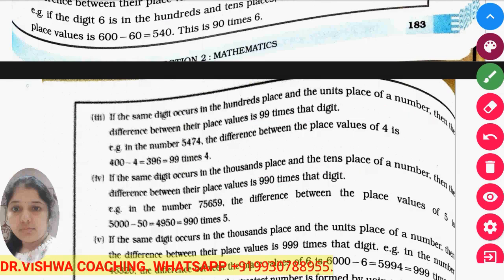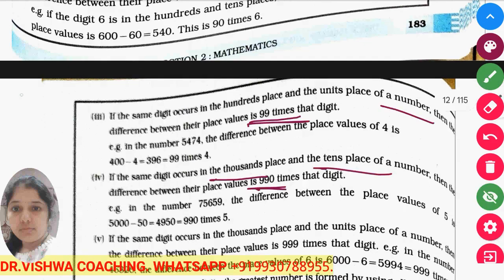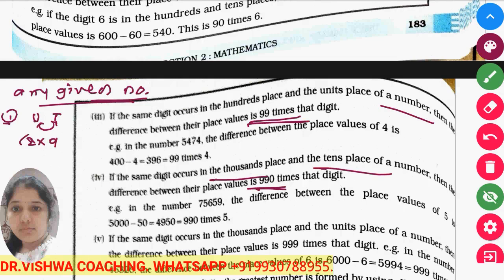Now see, in any given number, the first concept we learn is, if different digits are there at unit and tens place, and we interchange their position, then the difference between the new and old number is 9 times the difference between these two digits.